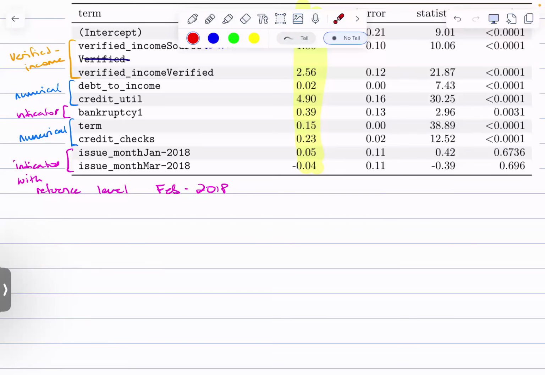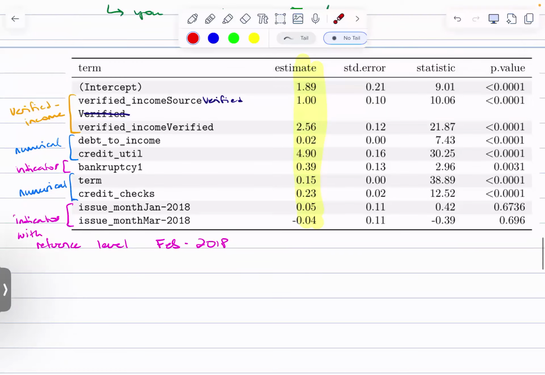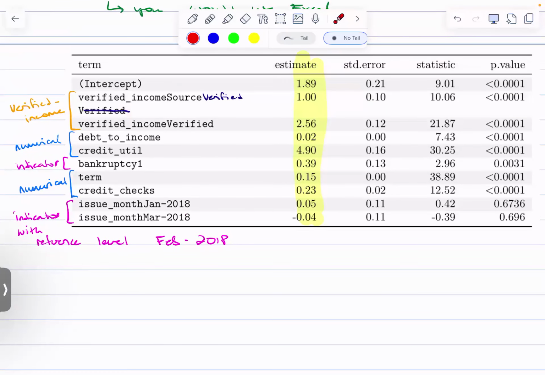Same thing with the bankruptcy. You either have declared bankruptcy or you have not. And then the same thing with the verified income that we saw. It's only one of those things. Which means that a lot of information is baked into this intercept. It is a borrower.